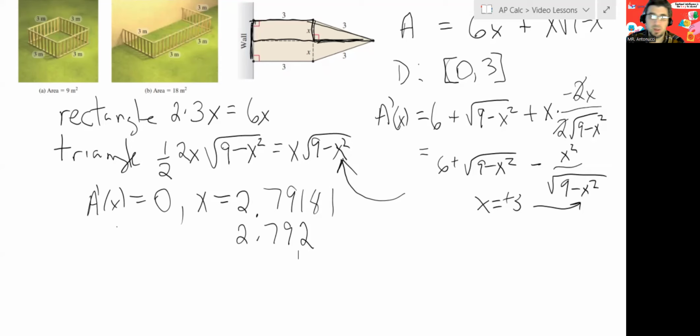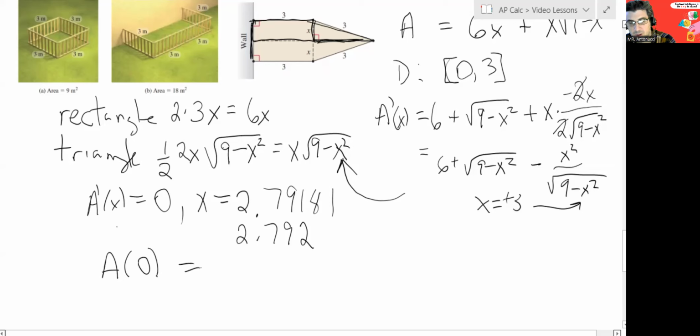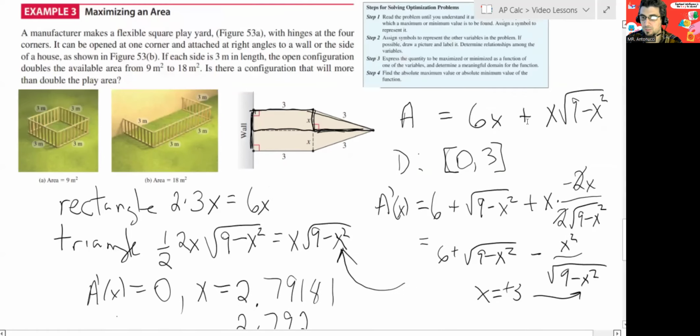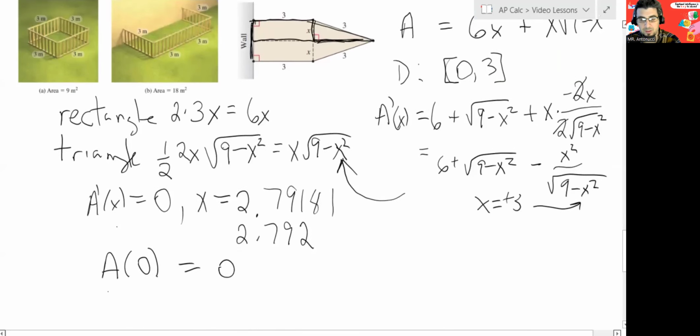Okay, and then we could just use the candidates test. If we evaluate the area at 0, you're going to get 0. Essentially just plugging 0 into this equation. If you evaluate at 3, you're going to get 18.